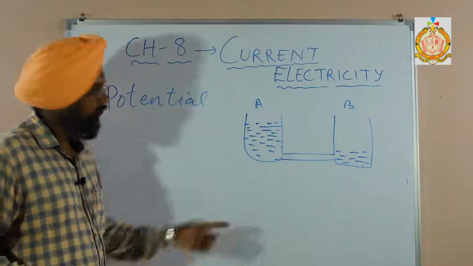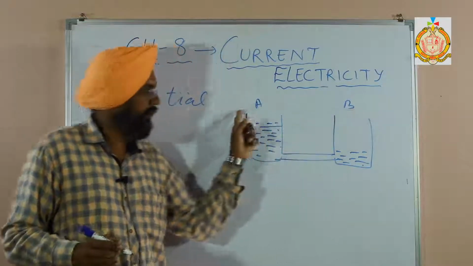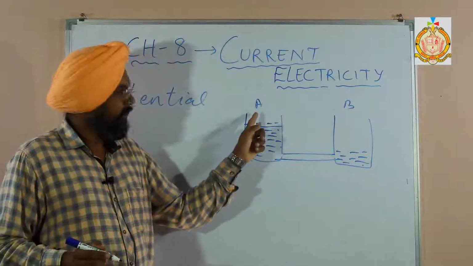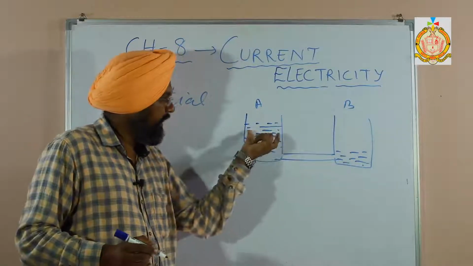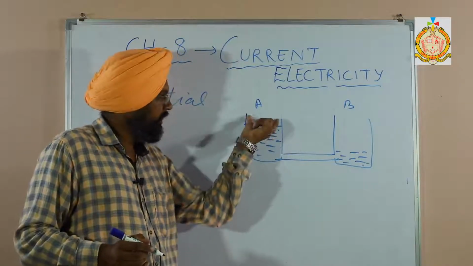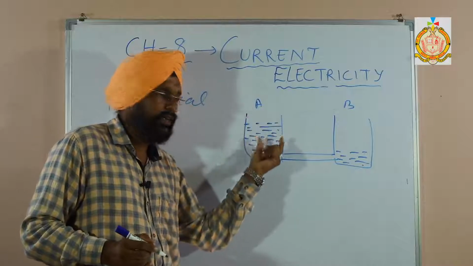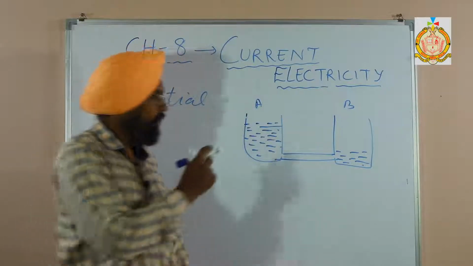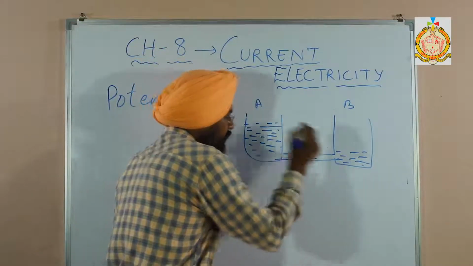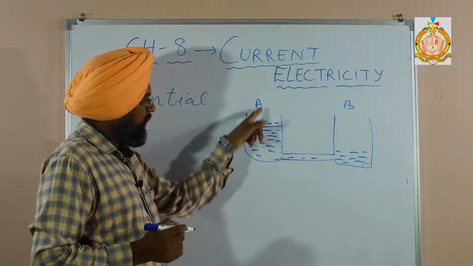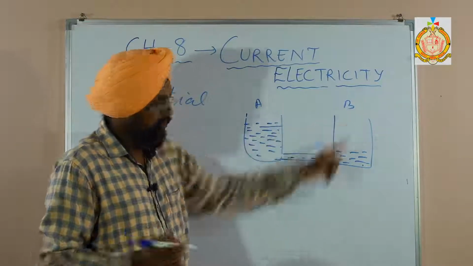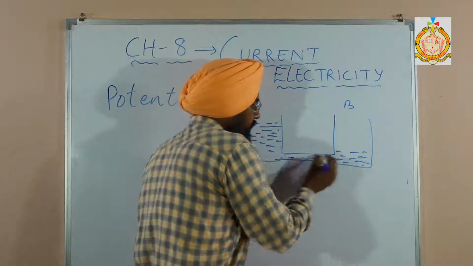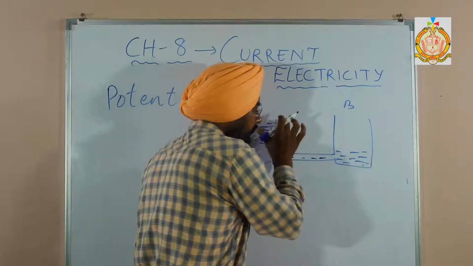So will water flow from A to B or B to A? Water will start flowing from A to B. Why? Because it has more energy. The water molecules have more energy, that is more power, so it passes from A to B. In the same way, A has more potential than B, so charge starts flowing from high to low.